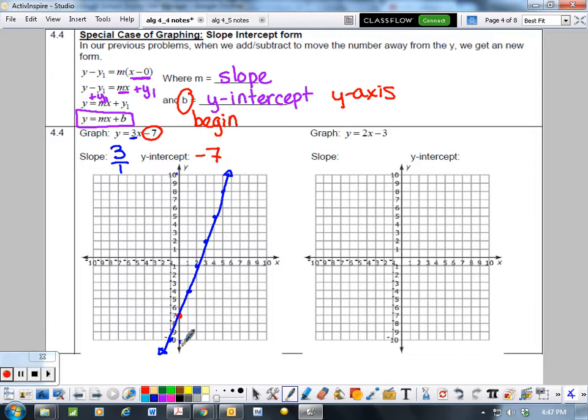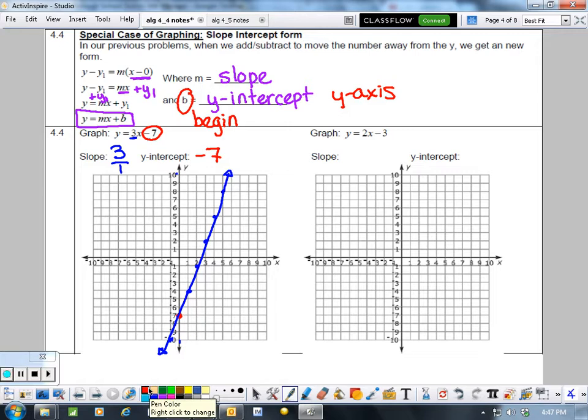Well, what happens if it crosses at -23? We're not going to be able to graph it on here. We're going to have to make our own graph. And then we have to go all the way down to -23 on a graph that we make, which is not as cool. And so that's where point slope formula is really nice, because we can take any point anywhere that may fit on our graph and then use the slope to help us get more points.